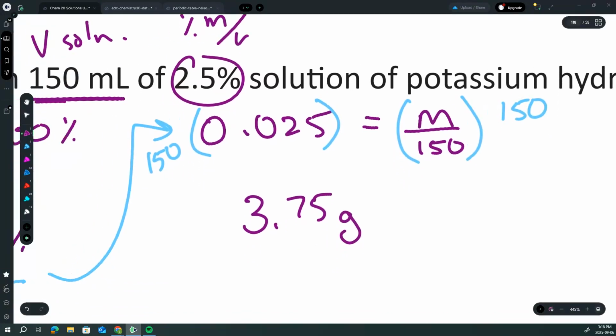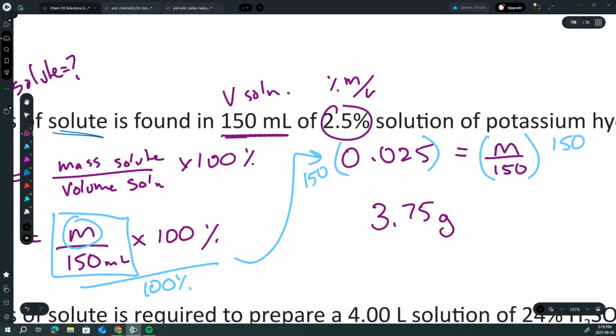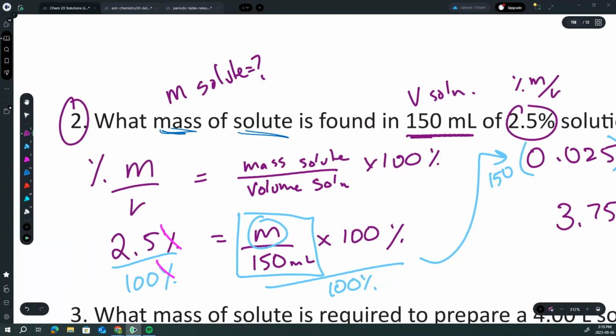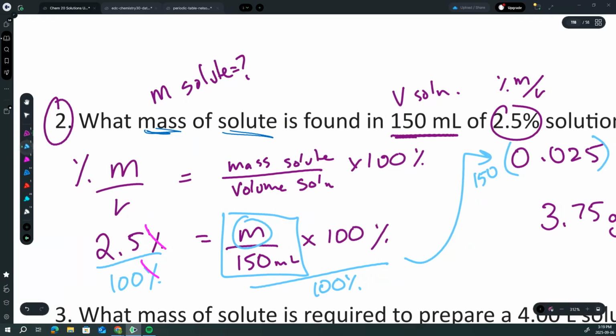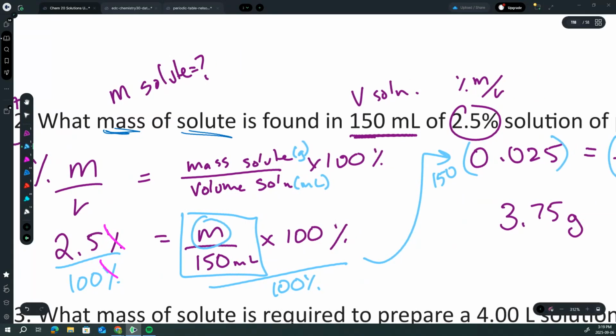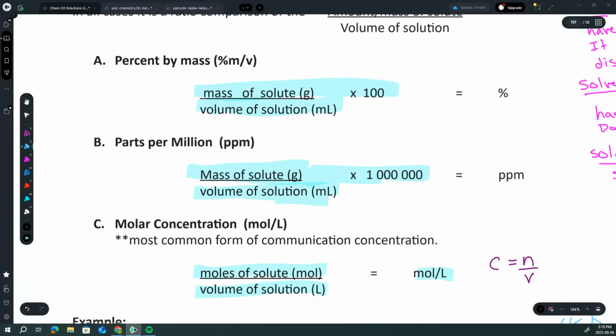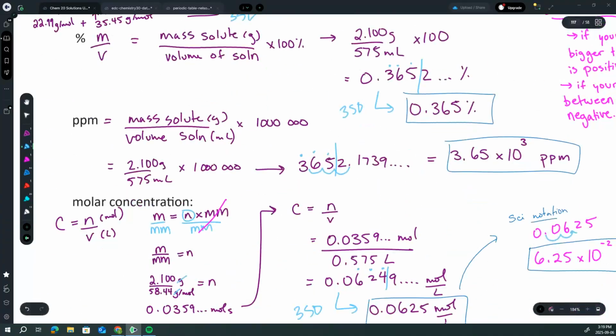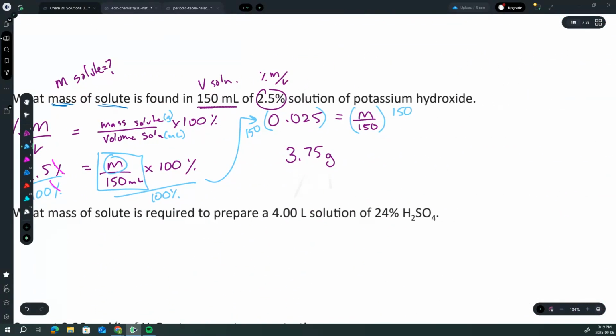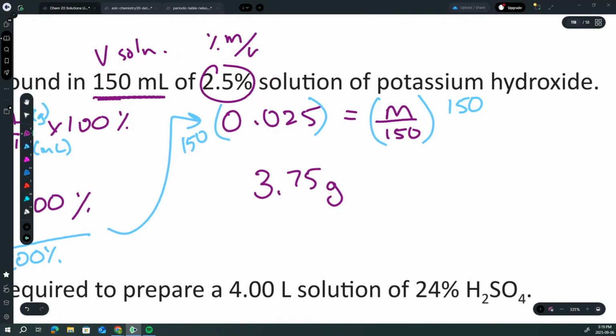And mass is always in grams in this formula. What I didn't write out here is that this is grams and this is milliliters, from the equation that we looked at here. All right, so mass.